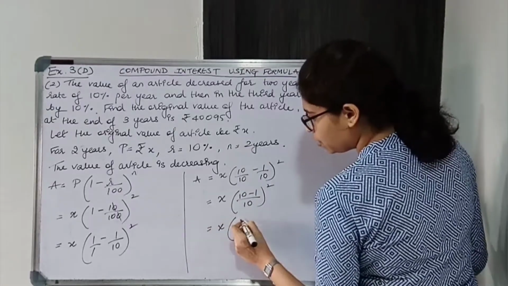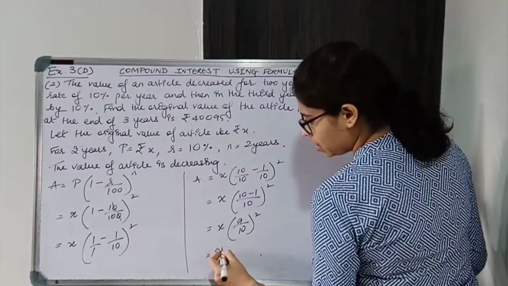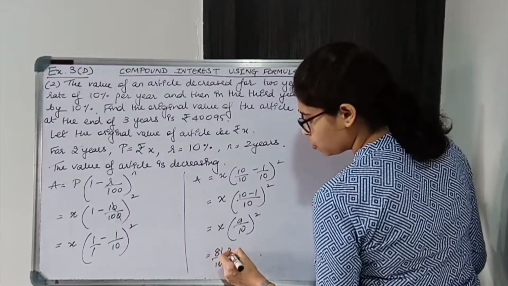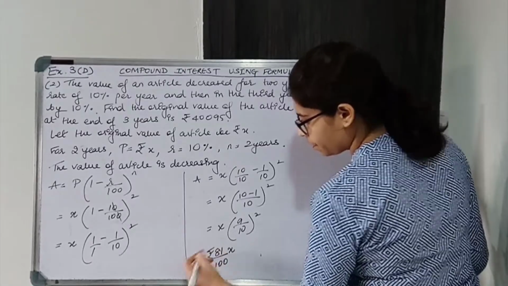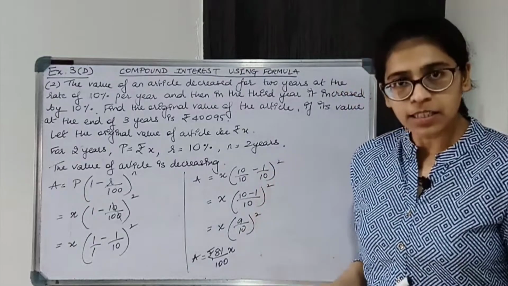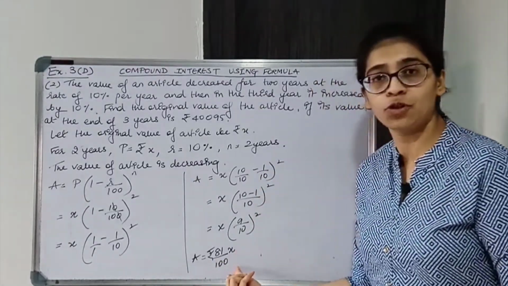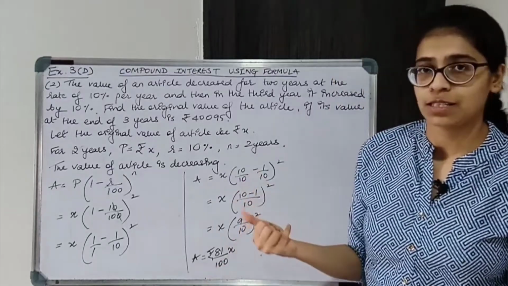So X into 9 upon 10 raised to 2. So 9 square is 81, 10 square is 100, into X rupees. So the value of the article at the end of 2 years is rupees 81 upon 100 into X rupees.